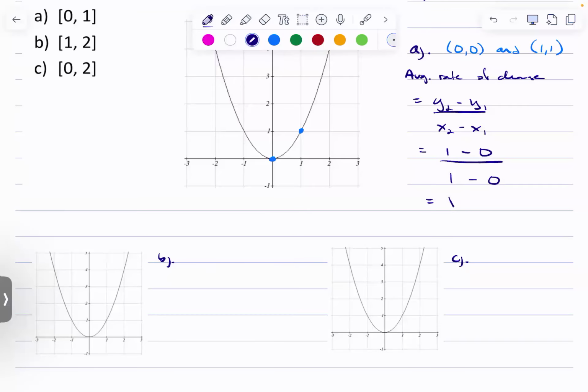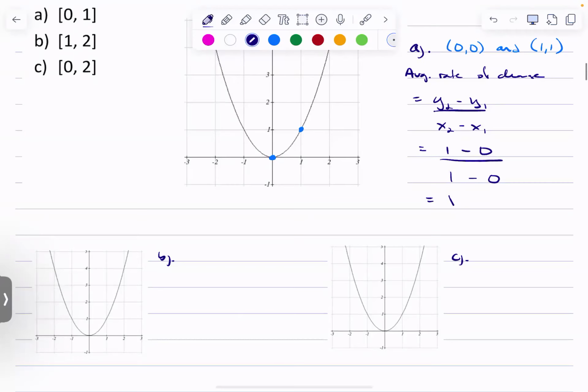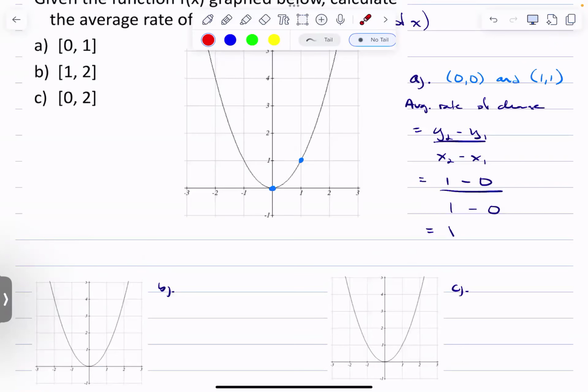What would happen if you flip these? I used 0, 0 as point 1 and 1, 1 as point 2, reasonably. But what if I flip them? Then I would have 0 minus 1, negative 1, over 0 minus 1, negative 1, and negative 1 over negative 1 still makes positive 1, so it doesn't matter.